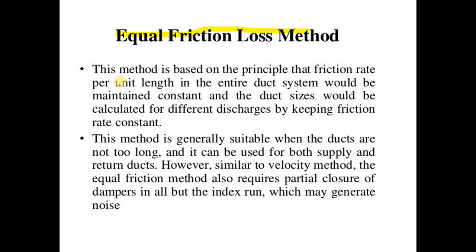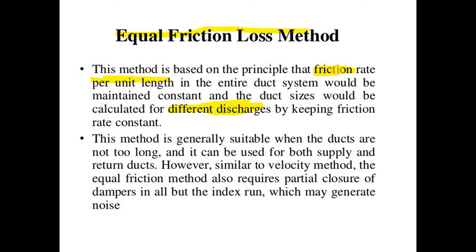So these are the most important: first, we must maintain a constant friction rate per unit length, and second, we must maintain the proper discharge. These are the two important parameters.